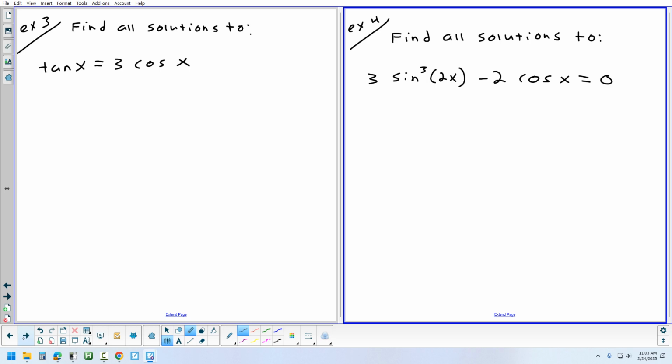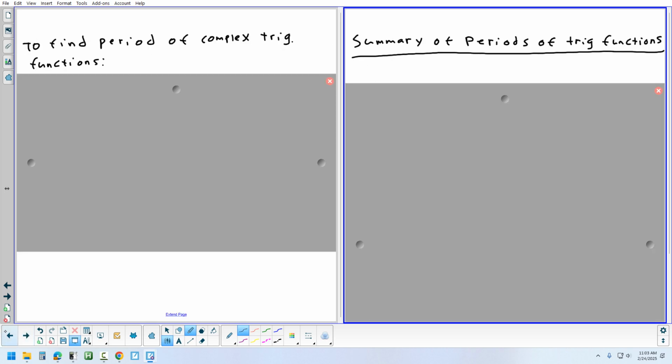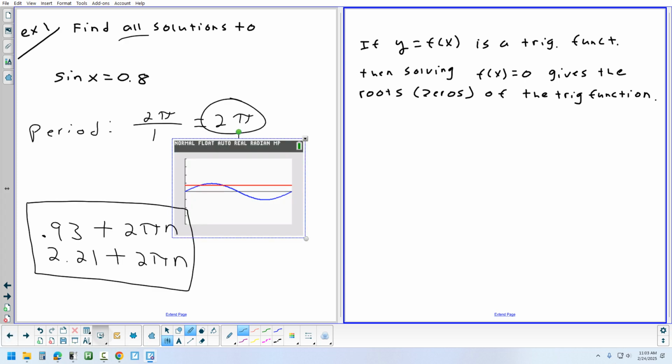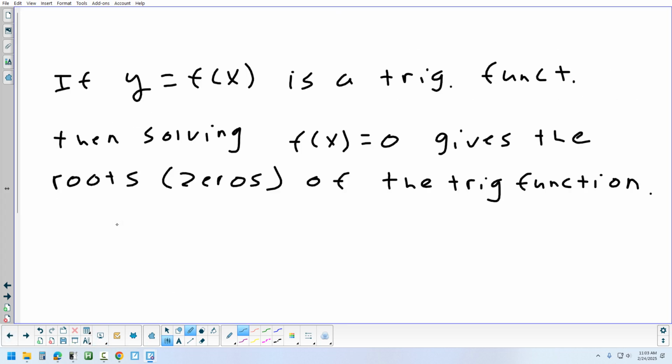It's the roots. When you set something equal to 0, you are finding the roots, or the zeros of the trig function. Okay, so just a reminder of what that is. So if you see directions that say find the roots of the following equation, that means take the equation and set it equal to 0.